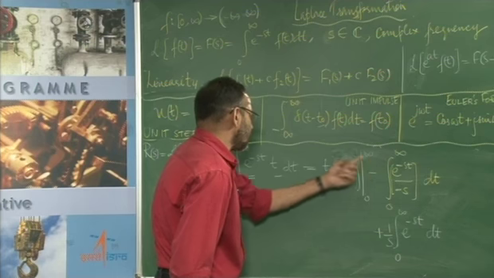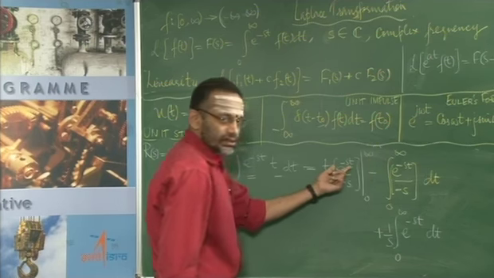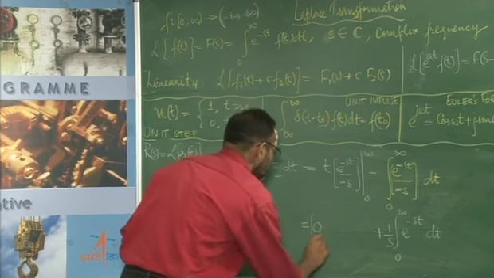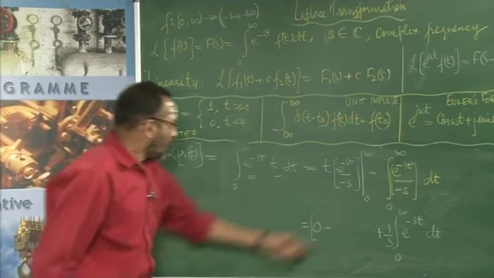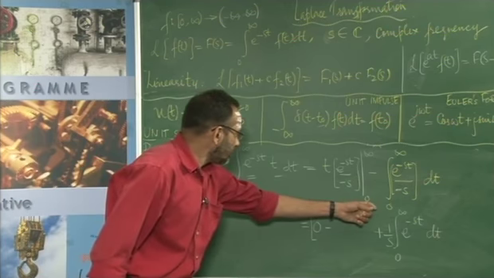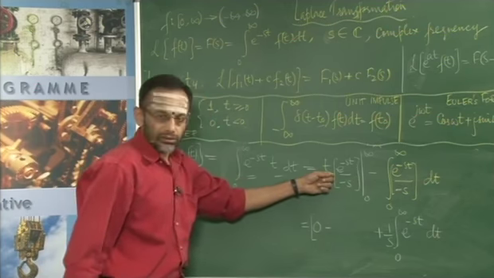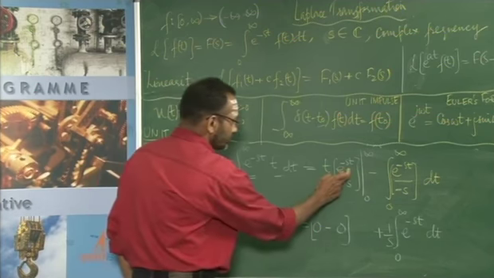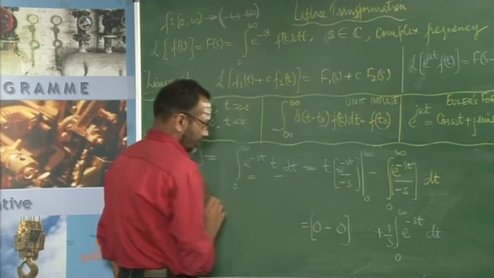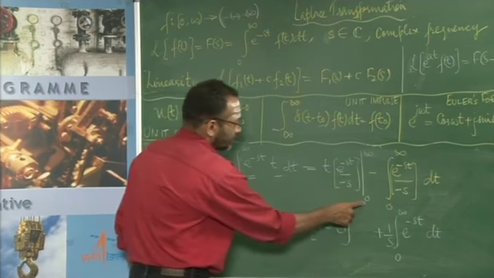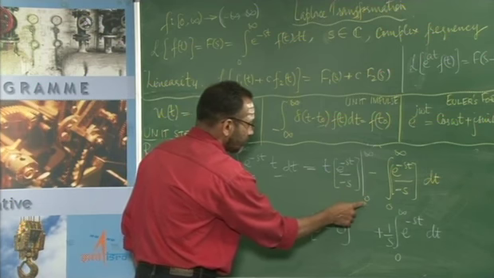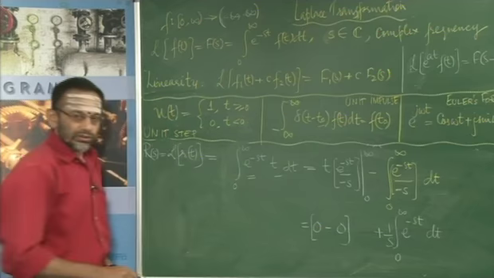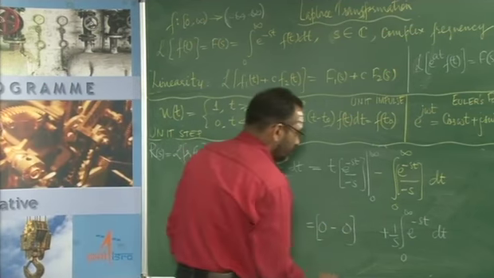As t tends to infinity, t e to the power of minus s t goes to 0. As t goes to 0, this itself goes to 0. Please observe, as t goes to infinity, this goes to 0, therefore the entire product goes to 0, whereas as t goes to 0, this goes to 0 and this goes to 1, again the product goes to 0. Therefore, you have only the second term on the right hand side.